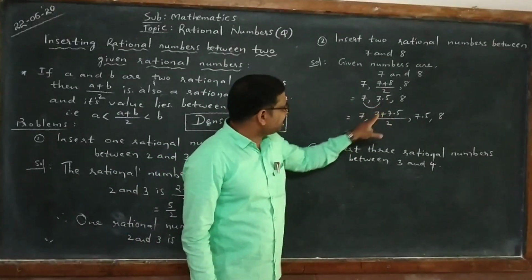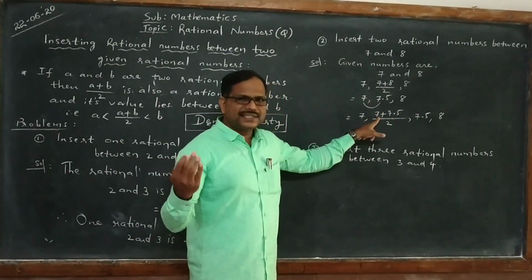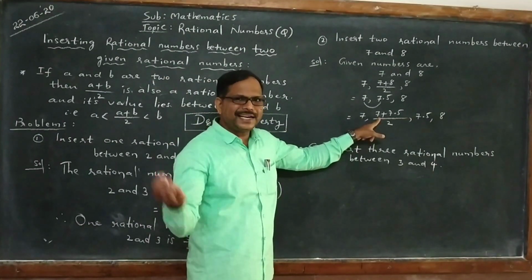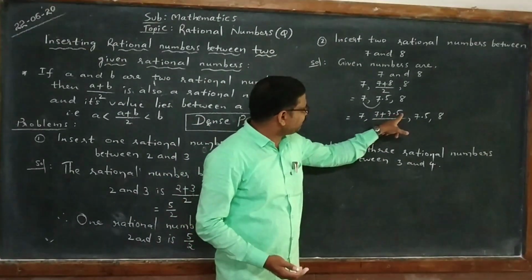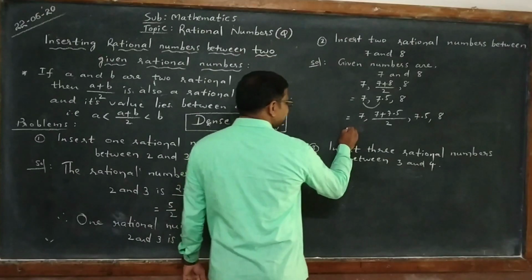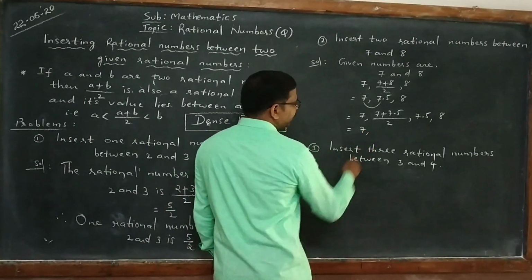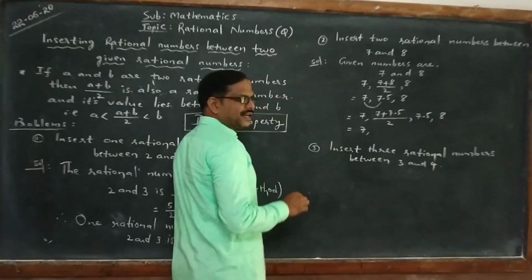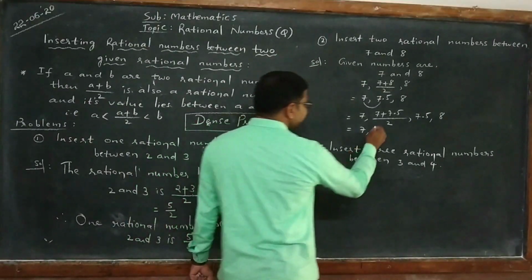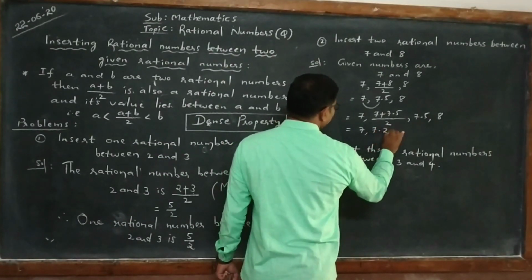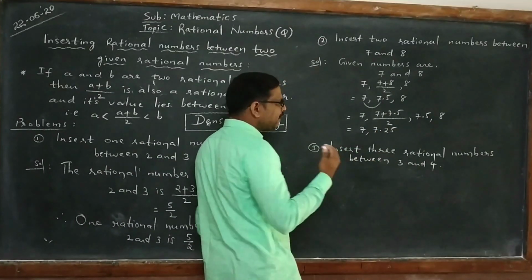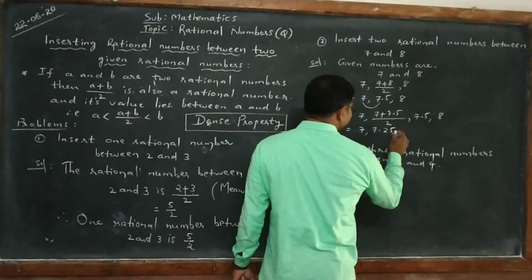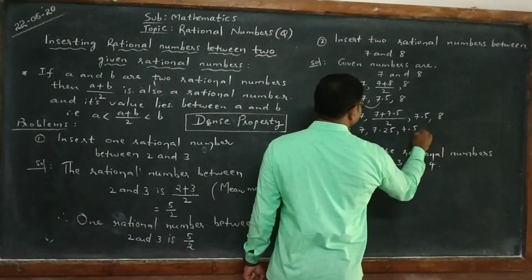Between 7 and 7.5 I have one rational number. Of course infinite are there. (7 plus 7.5) by 2 by our mean method. 7 plus 7.5 is 14.5. That means 7.25, half of 14.5.